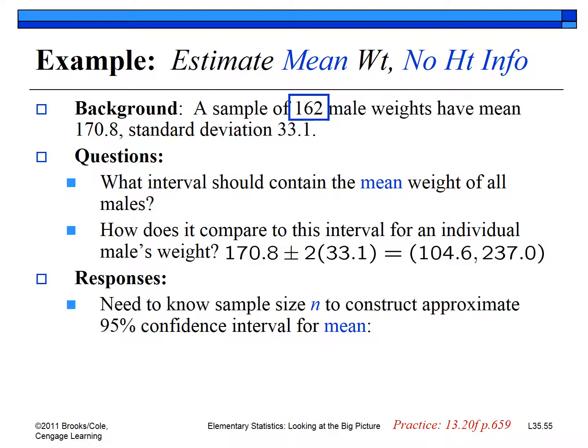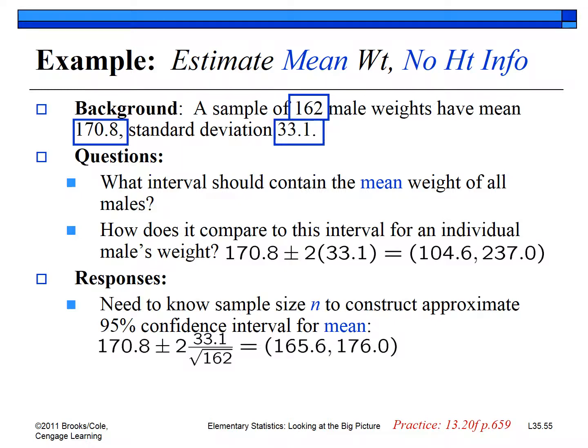So to compute that 95% confidence interval for the mean, we'll do 170.8 plus or minus 2 standard errors for sample means. So that would be 33.1 divided by the square root of the sample size, which gives us a confidence interval of 165.6 to 176.0.